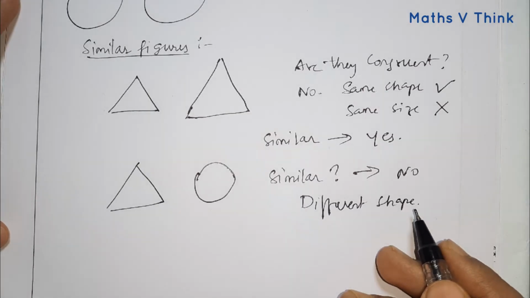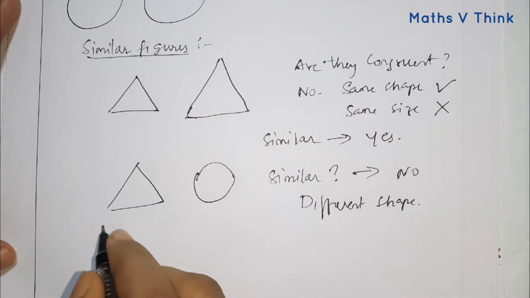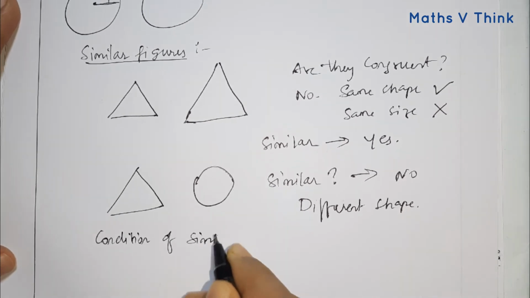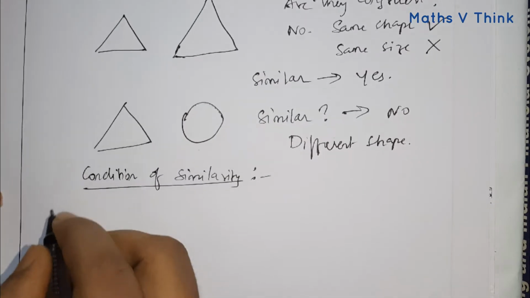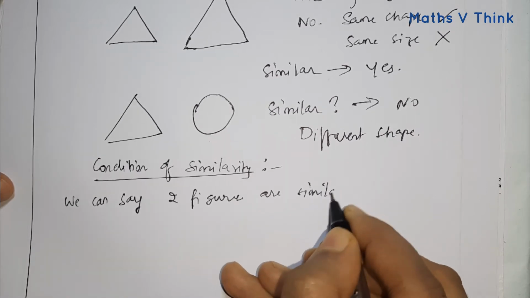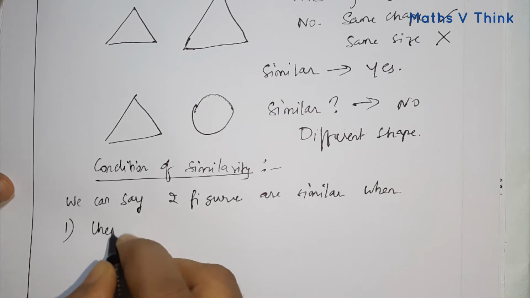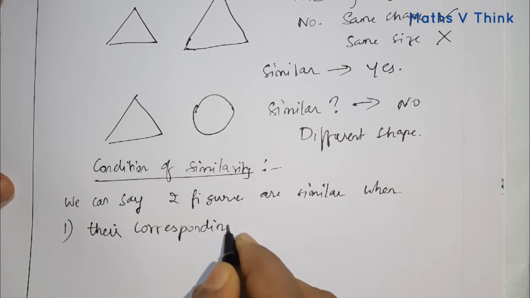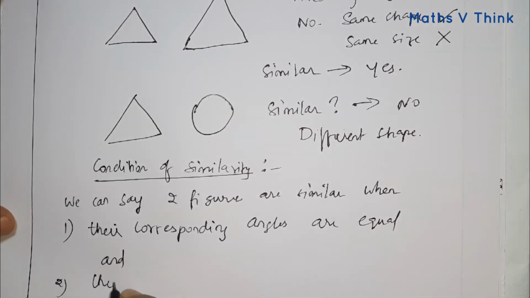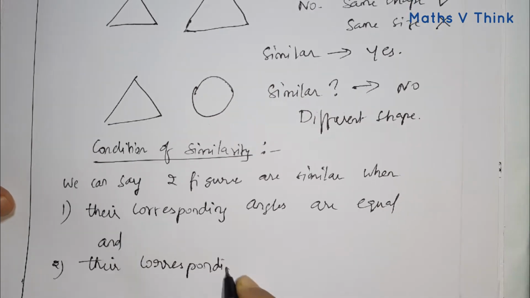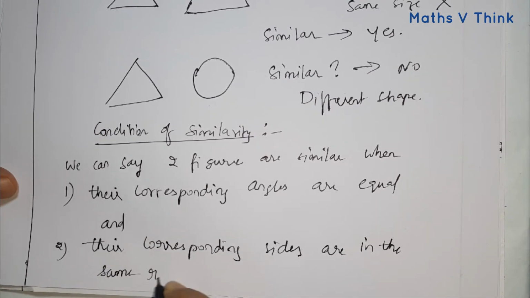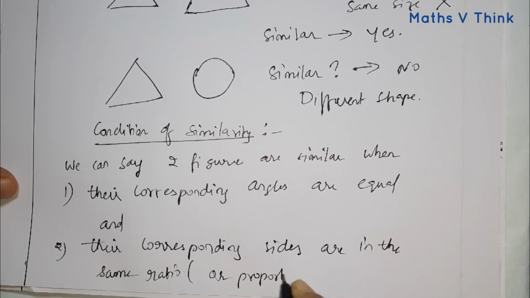Now we will discuss the conditions of similarity. We can say two figures are similar when corresponding angles are equal and their corresponding sides are in the same ratio or proportion.